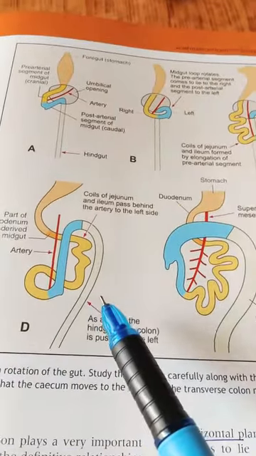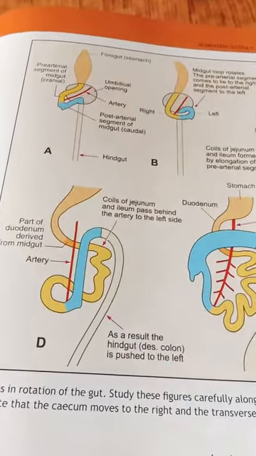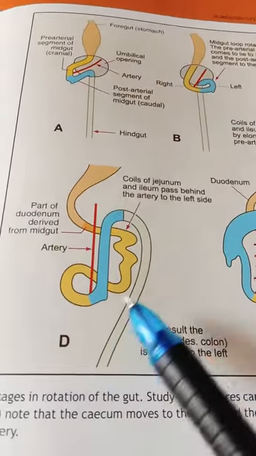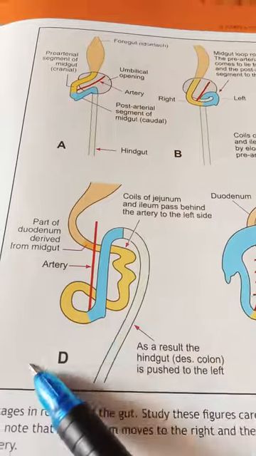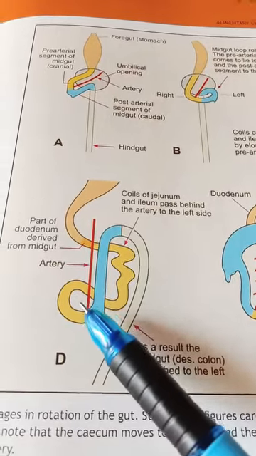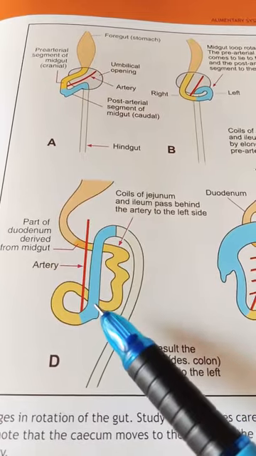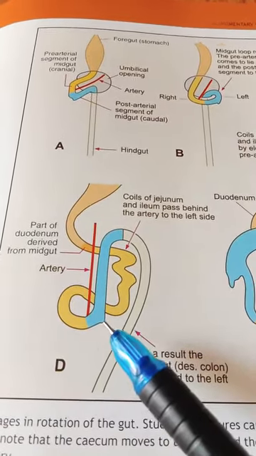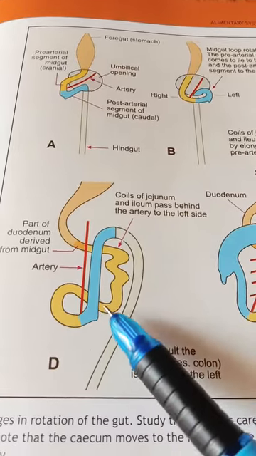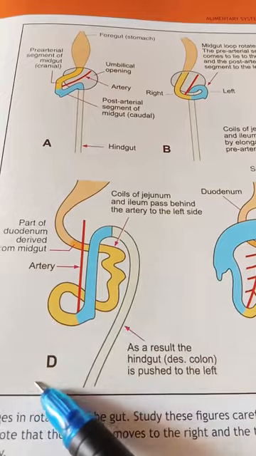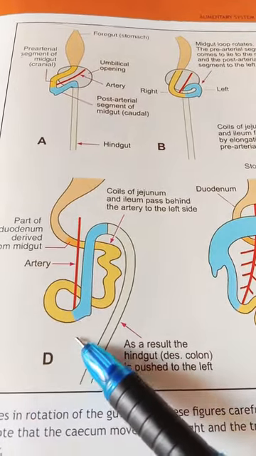So the next step is, the coils of jejunum and ileum return to the abdominal cavity. Till now they are outside the abdominal cavity, now they are entering into the abdominal cavity, and the midgut loop undergoes further anti-clockwise rotation, and now these coils of jejunum pass behind the superior mesenteric artery into the left half of the abdominal cavity.